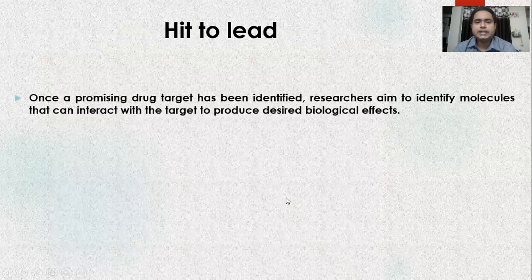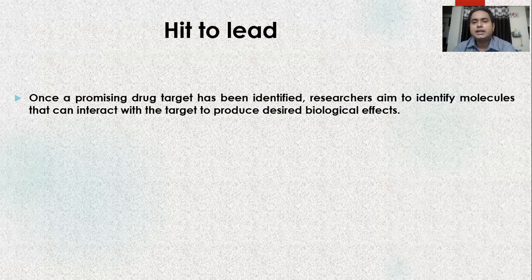So, hit to lead. What is hit to lead? Once a promising drug target has been identified, researchers aim to identify molecules that can interact with the target to produce the desired biological effect.